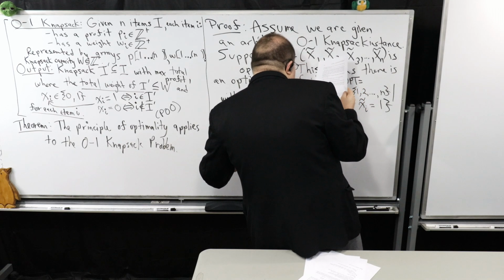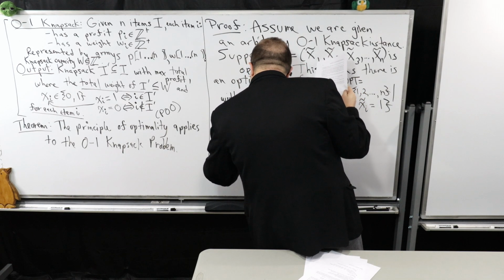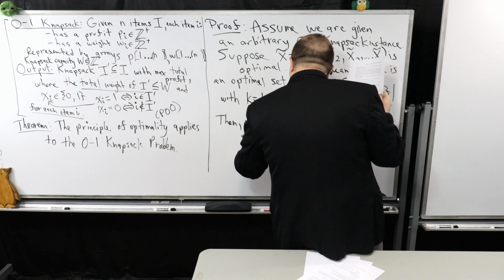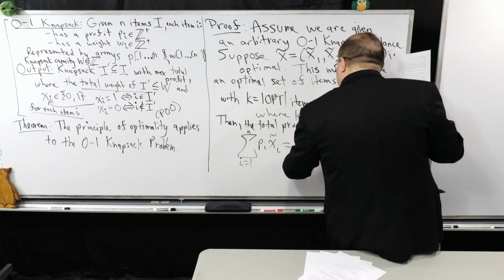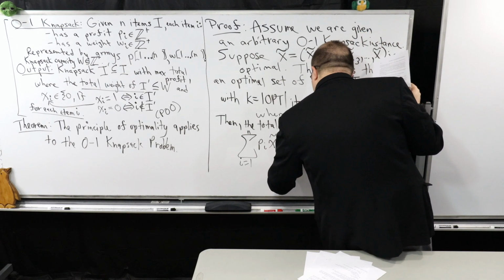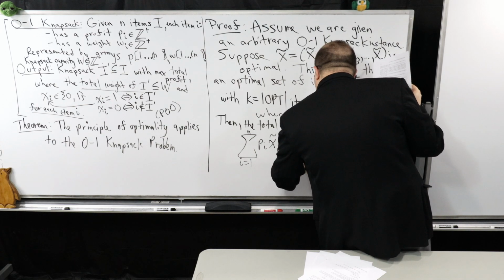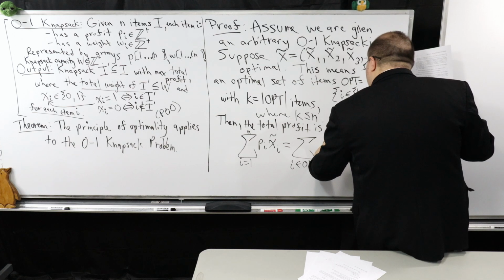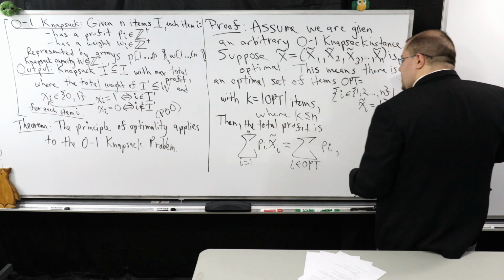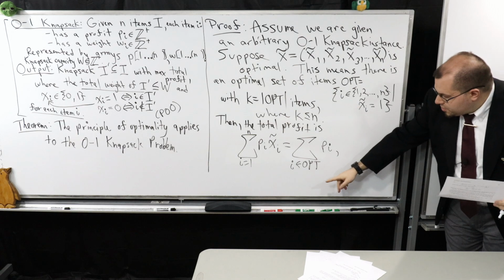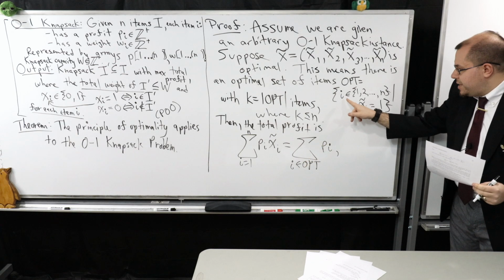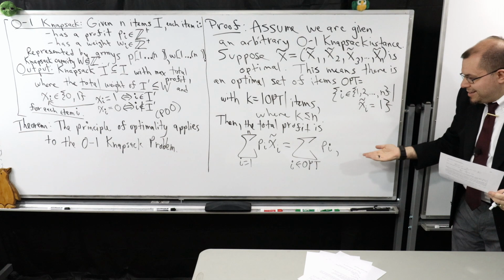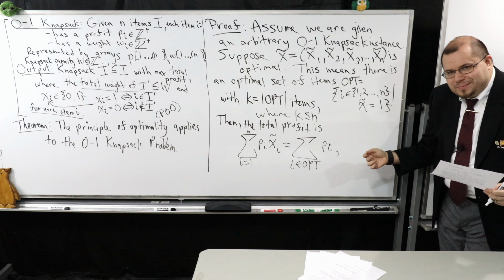It's going to be the sum over i equal to 1 to n of p_i x tilde i, which is going to be equal to the sum over all of the item indices in set opt of p_i. This is just me going through each one of the items that's in this set, showing you that these say the exact same thing.